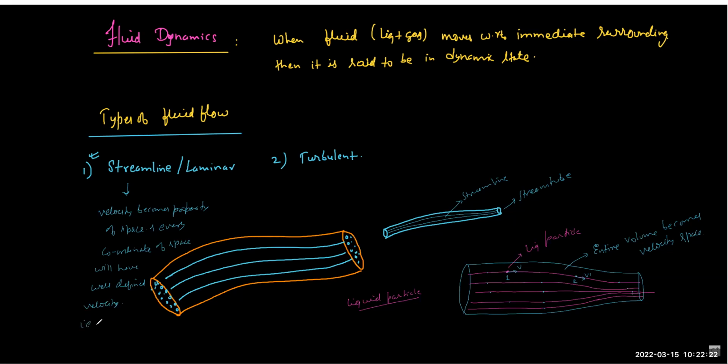And that is why the entire volume is called velocity space, and velocity will behave as a vector field.